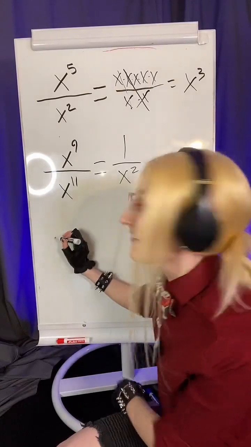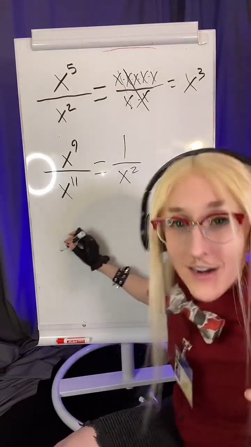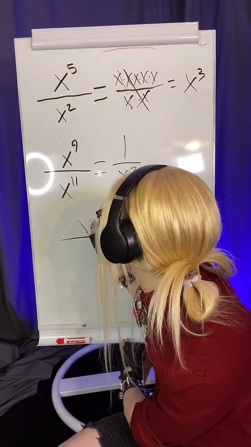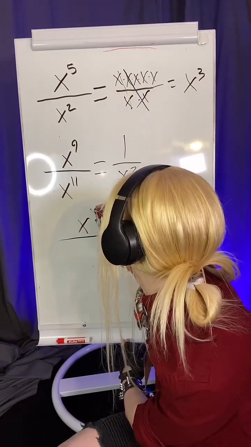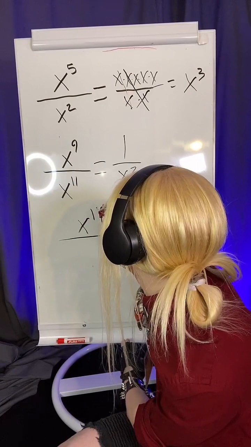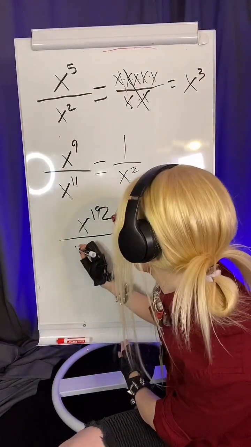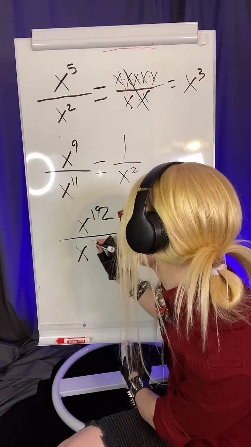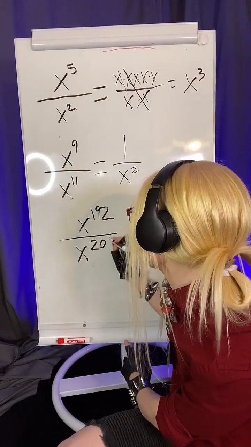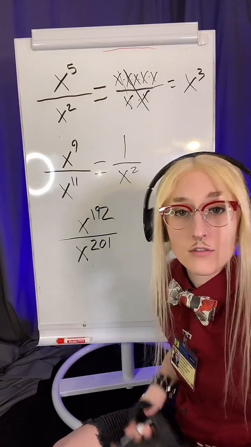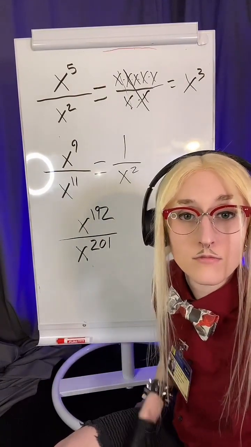If I had something crazy out there, like, I don't know, x to the 192 over x to the 201, I'm not going to draw out 201 x's.